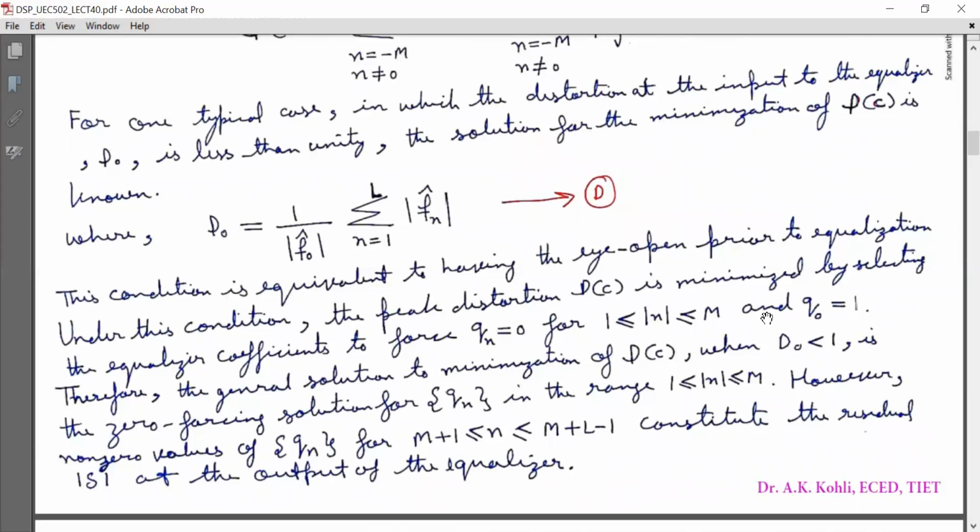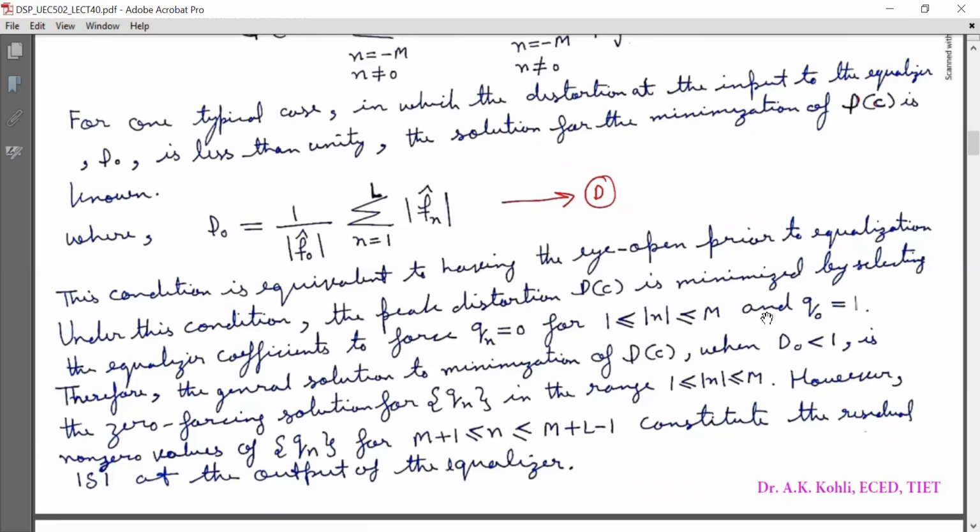Under this condition, the peak distortion D(c) is minimized by selecting the equalizer coefficients to force Qn equal to 0 for magnitude n lying in the range 1 to m and Q naught equal to 1.